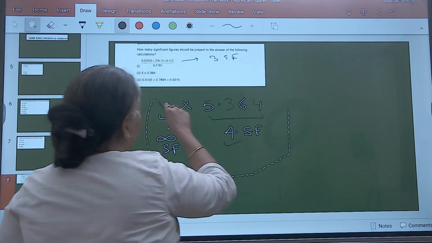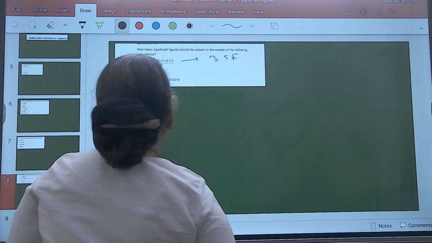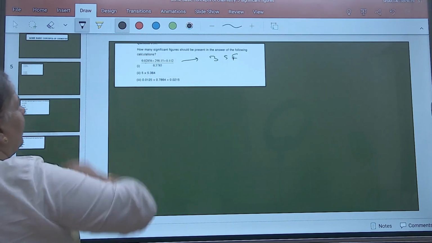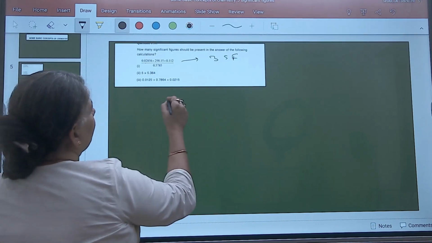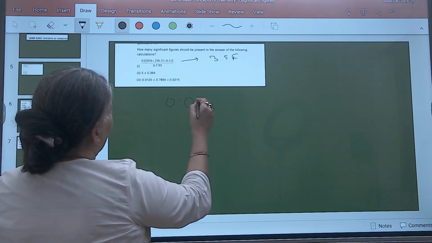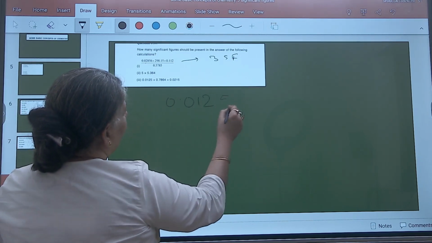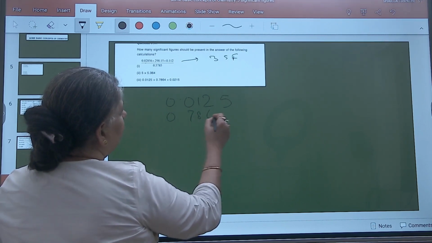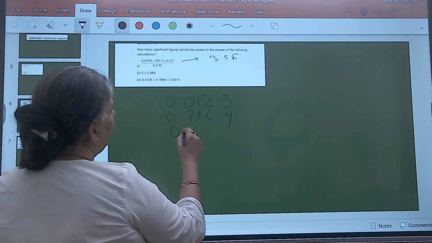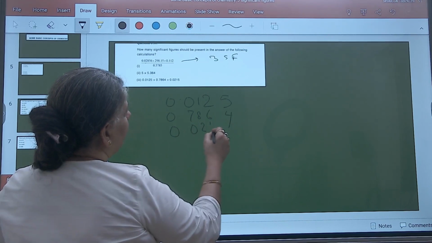See, in addition and subtraction, the decimal will help us decide the number of significant figures. See, 0.0125, 0.7864 and 0.0215.